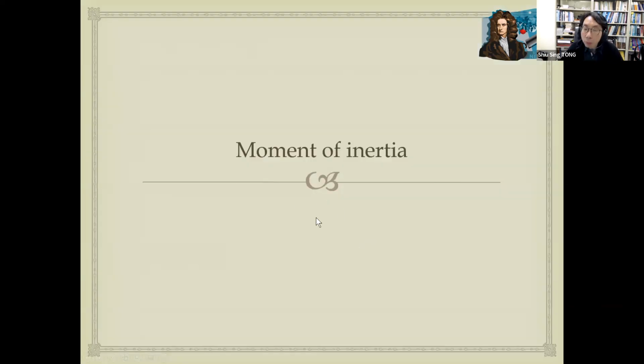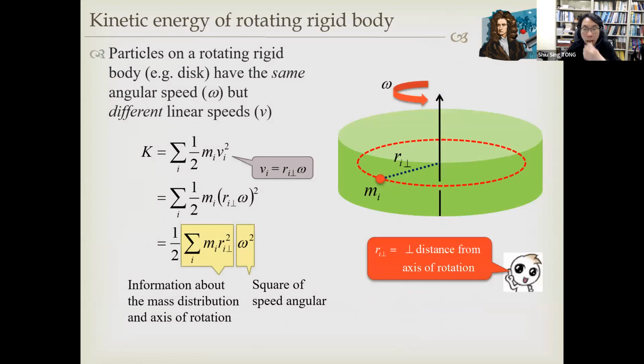Now we are ready to describe the moment of inertia. Let's consider a three-dimensional object. I draw it as a cylinder for simplicity, but you can consider an object with an arbitrary shape. The object is now rotating about this axis with an angular velocity omega.